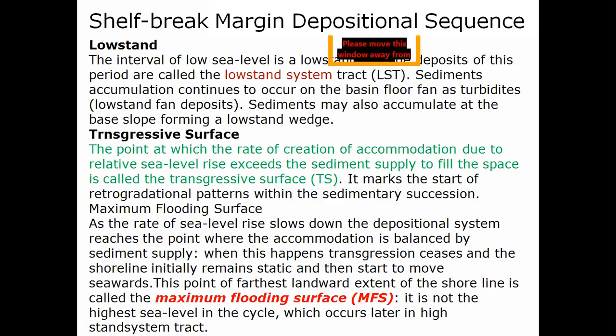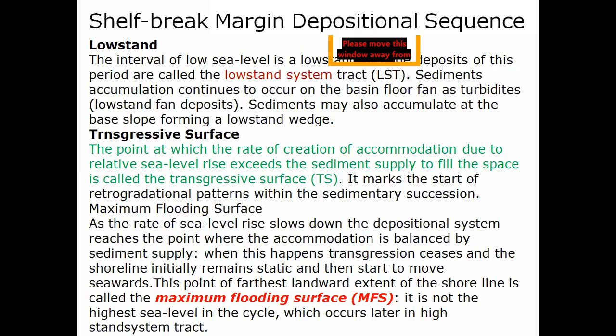And then transgressive surface, the point at which the rate of creation of accumulation due to relative sea level rise exceeds the sediment supply to fill the space, is called the transgressive surface, TS. It marks the start of a retrogradational pattern within the sedimentary succession. That means shallow water phases will be followed or overlain by deep water phases.